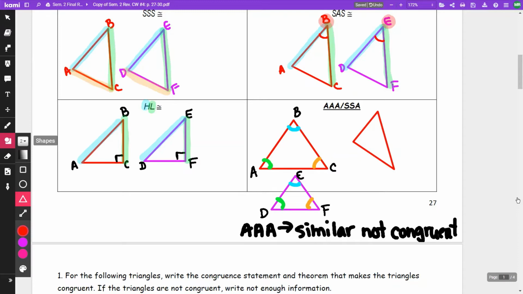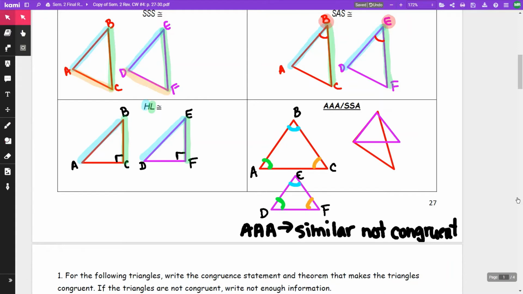And let me get another triangle. And let's say those two sides are the same.